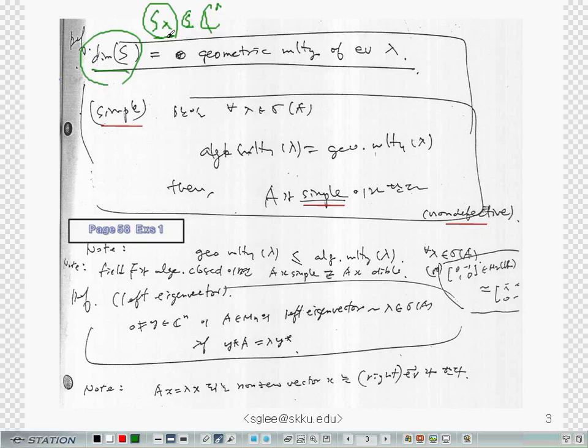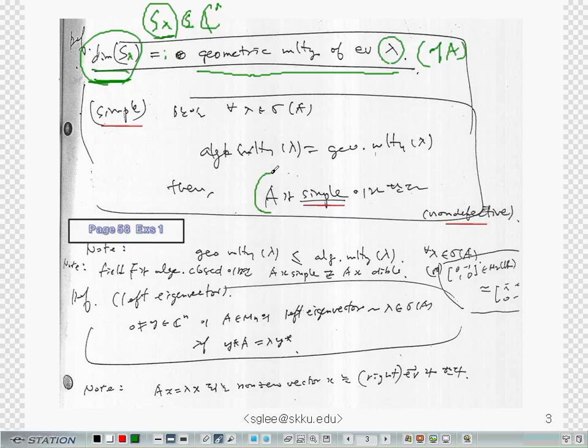Since this is a subspace, we can think of the dimension of that subspace. We define the dimension of this subspace as the algebraic multiplicity of eigenvalue lambda of A.